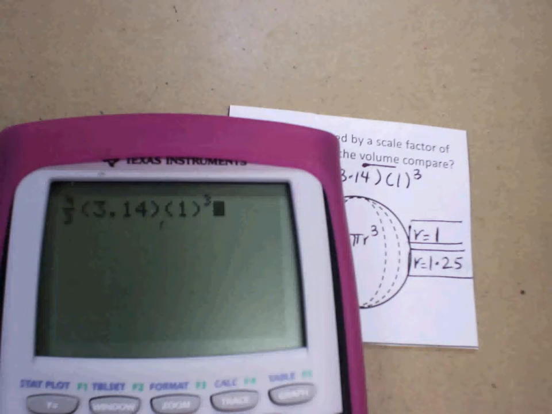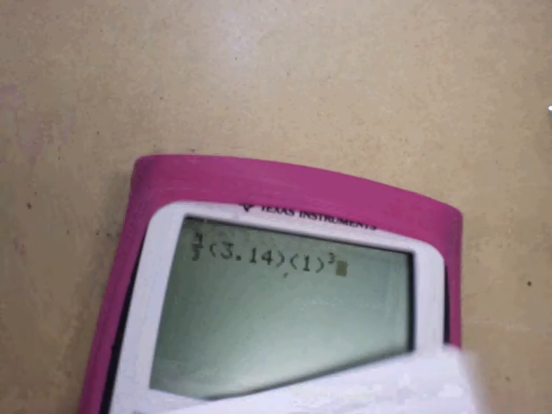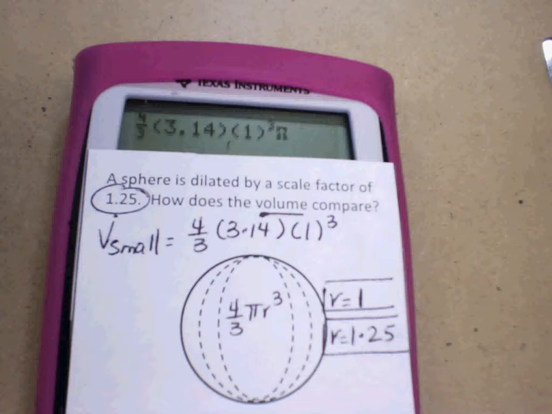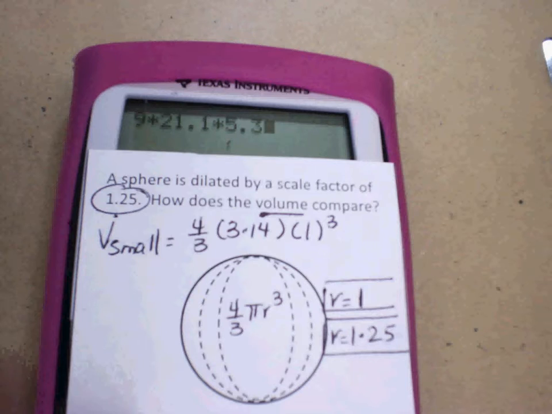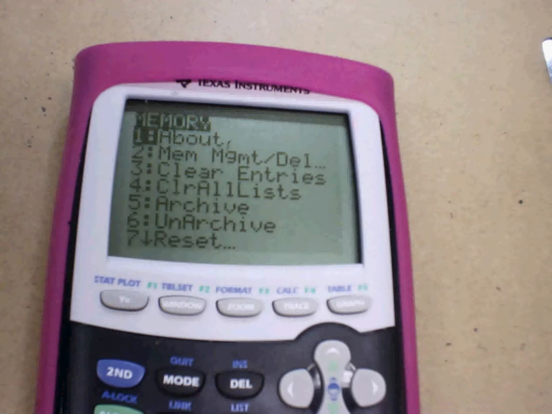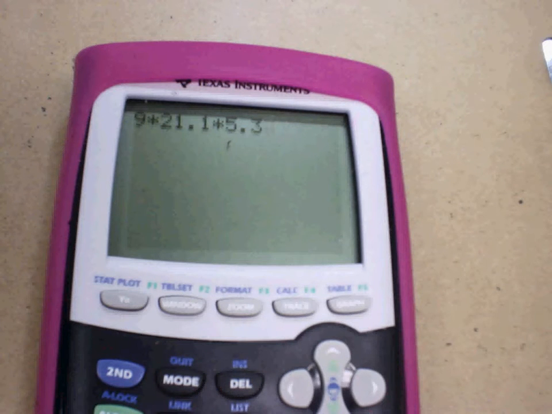All right, let's do that. So that's how it should be looking? 4/3 times 3.14 times 1 to the third power? Thank you. All right, so what do we got?